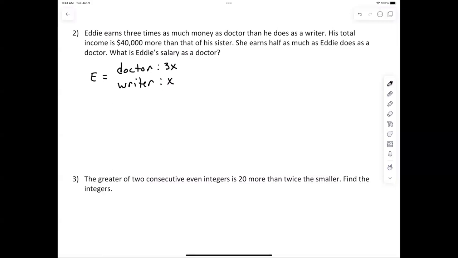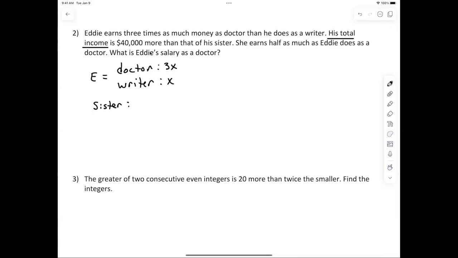All right. Now we have that. It says now his total income. His total income is 40,000 more than his sister. So now they introduce his sister. So S plus 40,000. His sister.